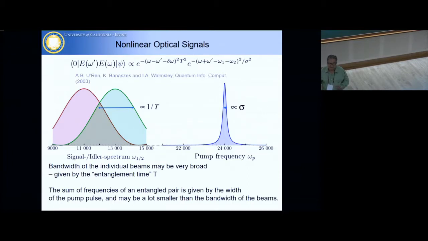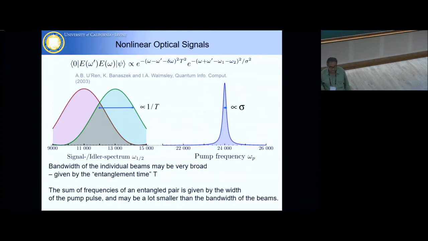So time and frequency are conjugated, and you must lose frequency resolution if you want to have high spectral resolution. The entangled photons do not suffer from this because there are more degrees of freedom here, and the time and the frequency are not necessarily conjugated.